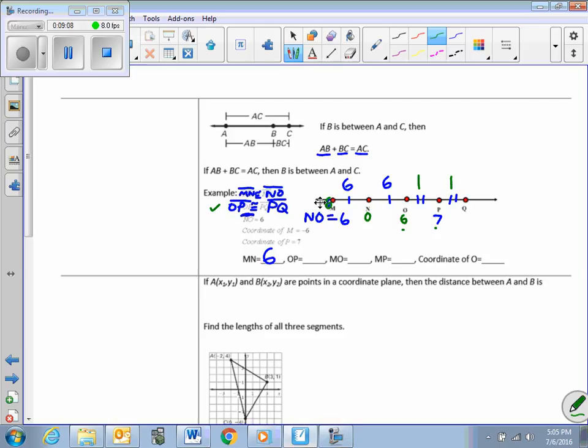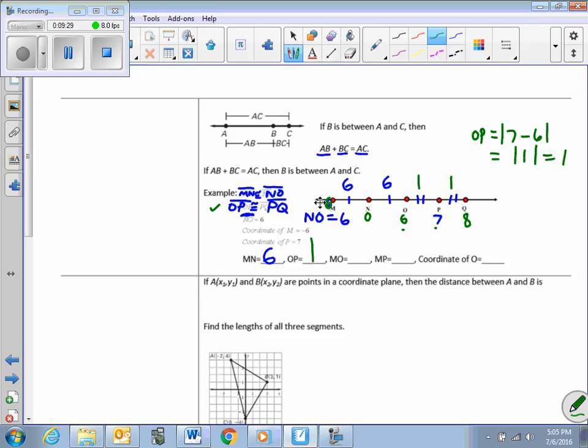Now that I have the coordinates, okay, let's put Q here. That would be 8. So the length of OP is going to be the absolute value of 7 minus 6. Oh, we already did that. Absolute value of 1 equals 1.